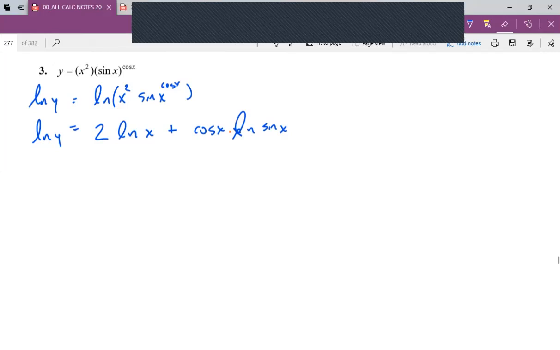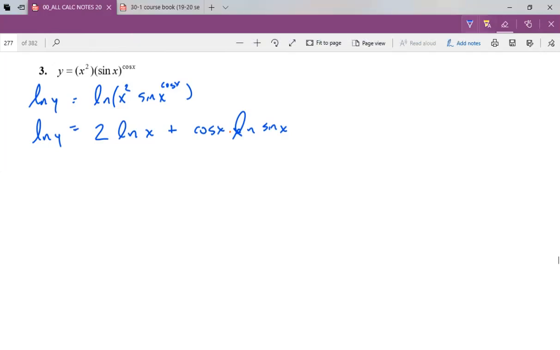All right, so now to differentiate. Left side, we have 1 over y times y prime. When we implicitly differentiate that, our right side ends up being 2 times 1 over x. So let's just call it 2 over x. And then we have cos x times ln of sine x. So we have product rule in here.